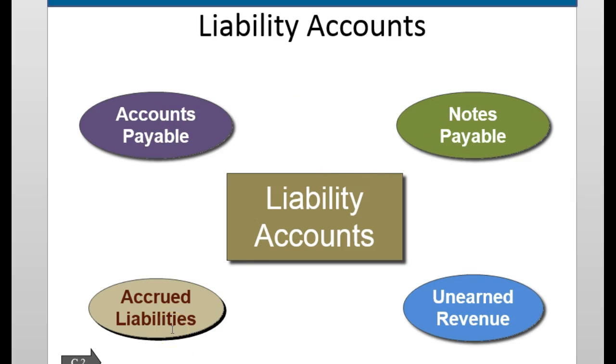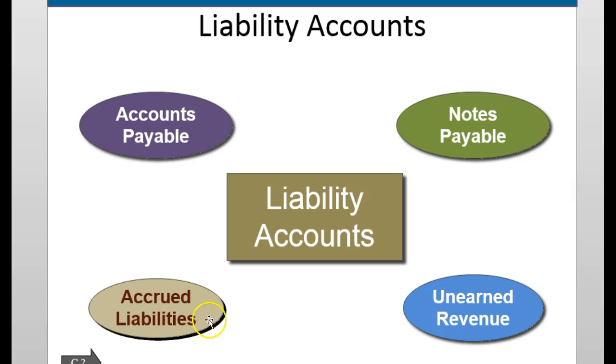Now, accrued liabilities and unearned income, unearned revenue. Accrued liabilities are liabilities we have that we haven't recorded yet, that just haven't made it to the transaction stream. And unearned revenue is revenue that somebody has paid us for doing a service that we haven't performed the service yet. Think of a lawyer, and lawyers get retainers for the year, and that money's not earned yet.